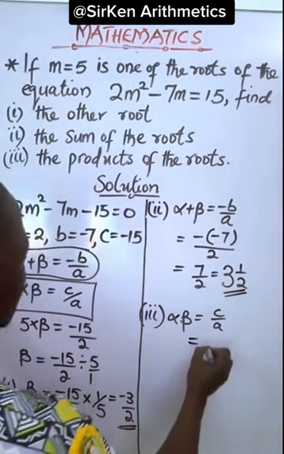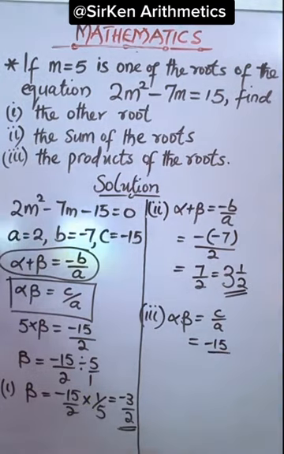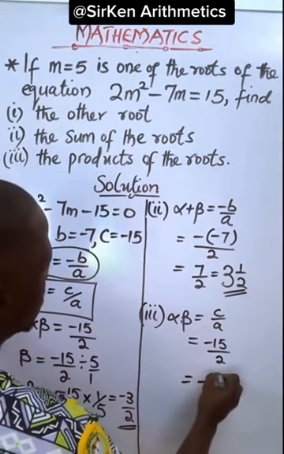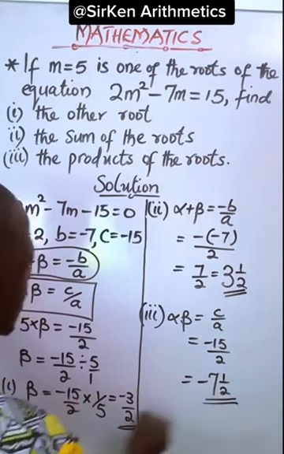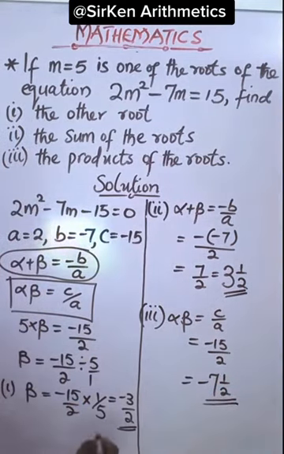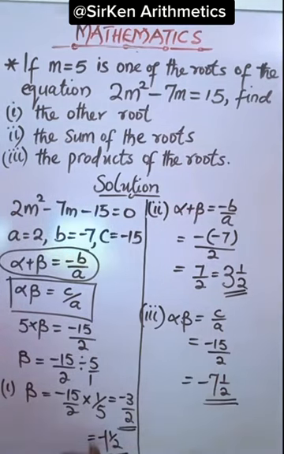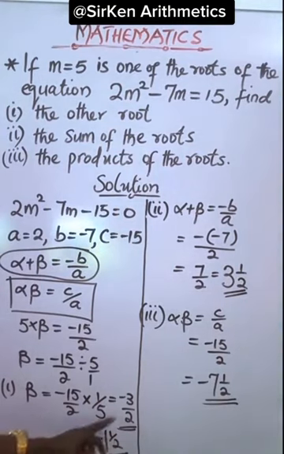Minus 15 over a, which is what? 2. And in the end, it's going to give me minus 7 whole number 1 over 2. All right, that's all for now. But here you can also say the answer is minus 7 whole number 1 over 2. Nothing is wrong here. You can leave it like this. That's it for now about this.